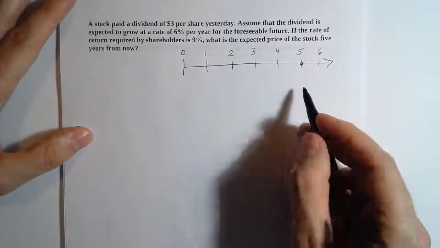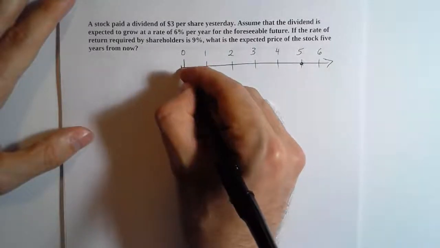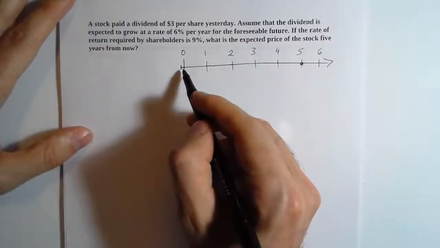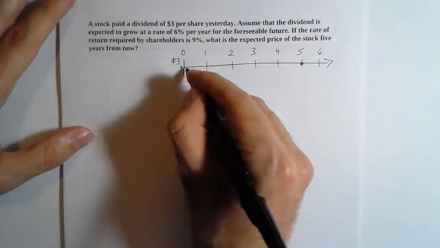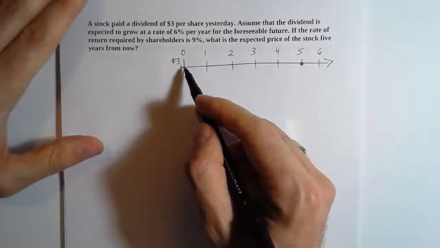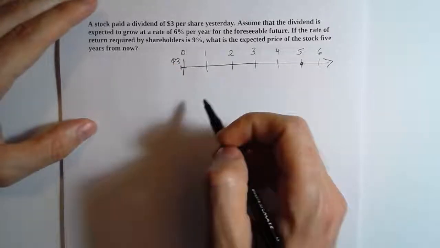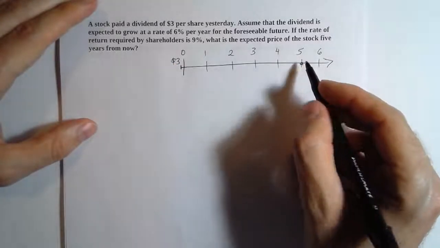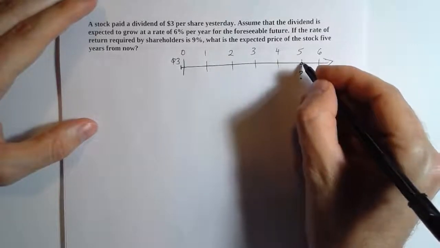We're back here though, and in fact we're at time 0, but we're told that they paid a dividend of $3 yesterday. So that's basically yesterday, pretty much time 0, but we aren't going to get the dividend if we bought that stock today because it was paid yesterday. And what we're looking for is the value of the stock 5 years from now.